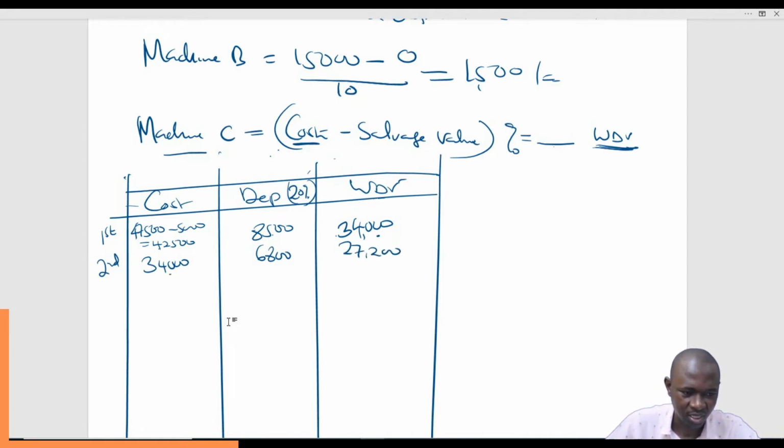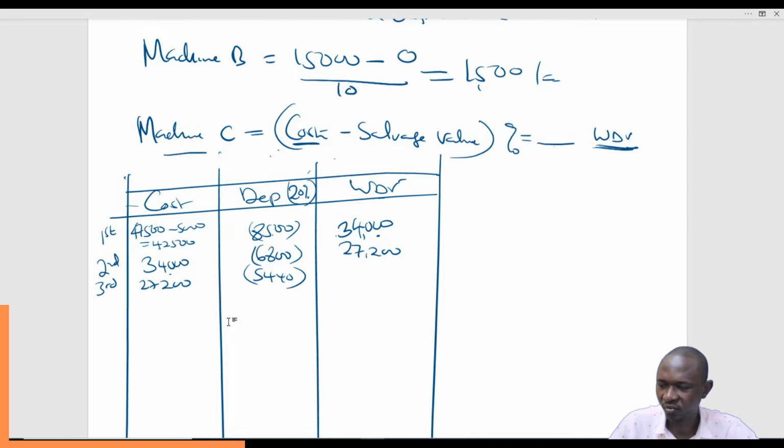This is this minus this. That's what we are doing. And then this 27,200 will be the figure that starts us off for the third year. So times 0.2, you get 5,440. Then you subtract that from 27,200, you get 21,760.